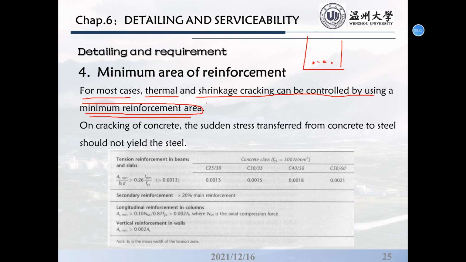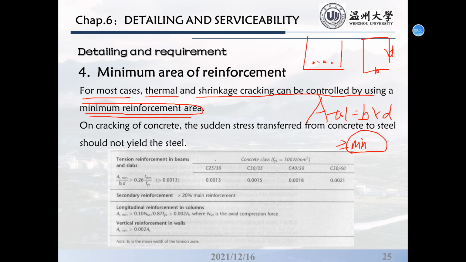The minimum reinforcement area: the section area is B and D, right? The total A equals B multiplied by D, but the reinforcement we put here should have the minimum values. If it's smaller than this minimum value, the shrinkage and thermal effects will totally affect the structure and give a bad effect.